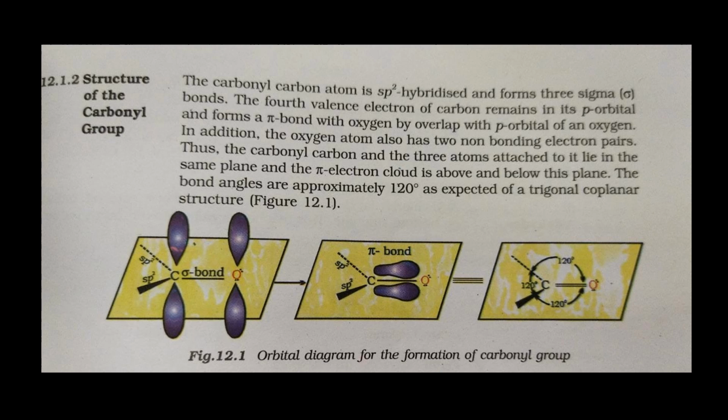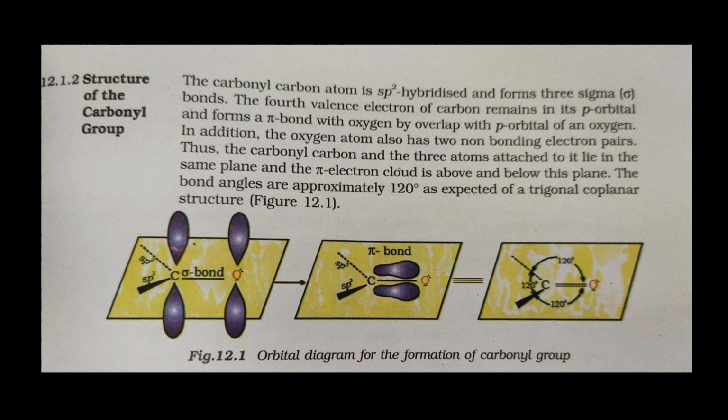In addition, the oxygen atom also has two non-bonding electron pairs. Thus, the carbonyl carbon and the three atoms attached to it lie in the same plane, and the pi electron cloud is above and below this plane. The bond angles are approximately 120 degrees, as expected of a trigonal coplanar structure.